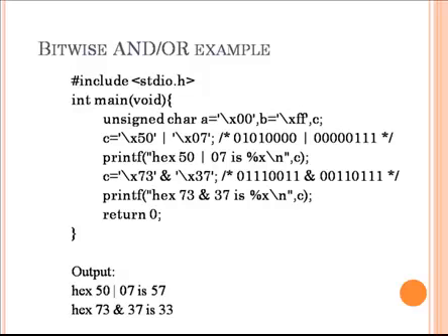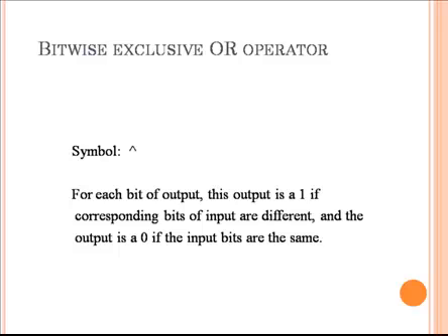Here we are performing the bitwise AND operation. It simply performs logical AND at each bit position. 0 logical AND 0 is 0. Likewise, the answer of 73 & 37 will become 33. The next bitwise operator is the exclusive OR operator.